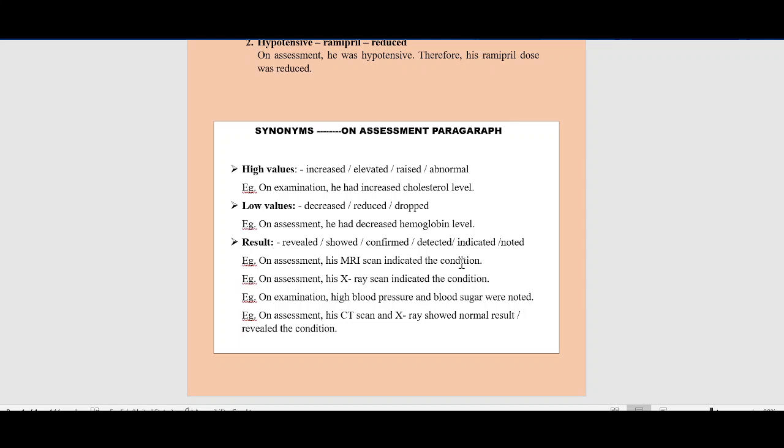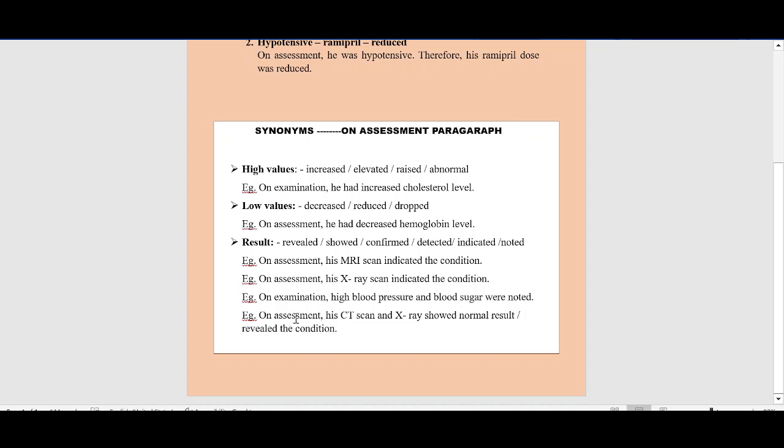Instead, in OET letter writing, we use "the condition" or "the surgery" in our explanation. That makes the letter writing more impressive. So I'm using "indicated the condition" because it's already mentioned in the introduction or in the beginning sentence. If the diagnosis or the surgery is already mentioned, you should not mention it twice in your letter. Instead, "the surgery" or "the condition" should be written. So you can choose the sentence and try to use that in your practice.